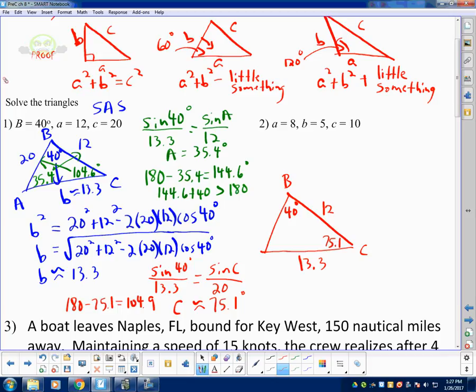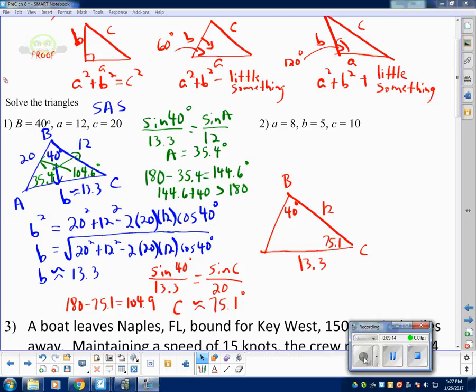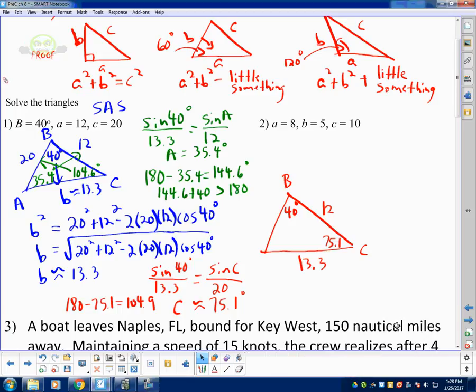And that would leave me with 115.1, so that leaves me with an angle of 64.9 right here. And you can see there's a problem with this.